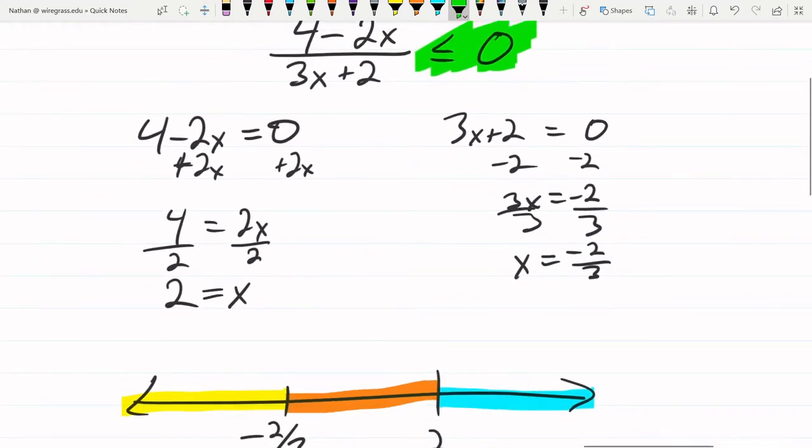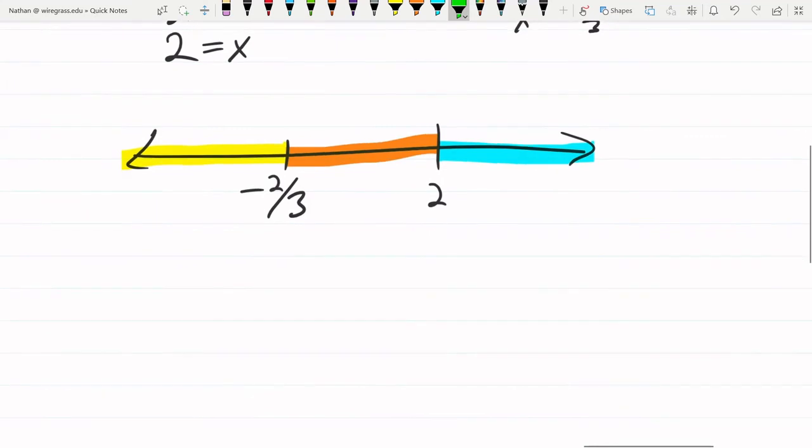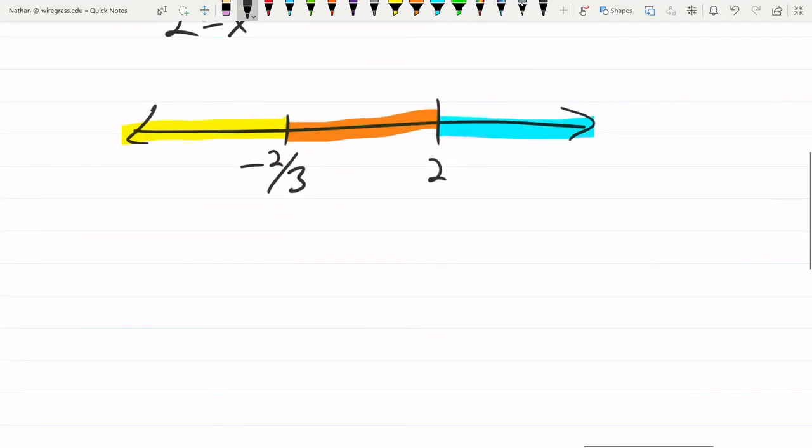So we do need to include the boundary points, except for one thing here, which I'll talk about in just a minute. Let's test these. We have 0 on the inside. Always test 0 if you can. It's a good number to test. A very large positive number and a very large negative number.